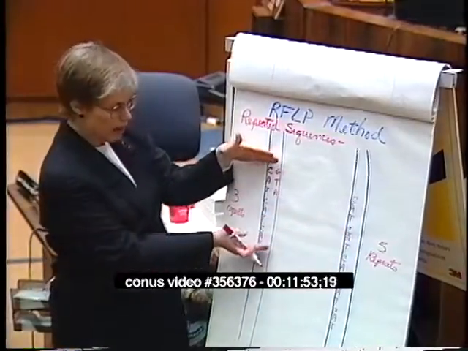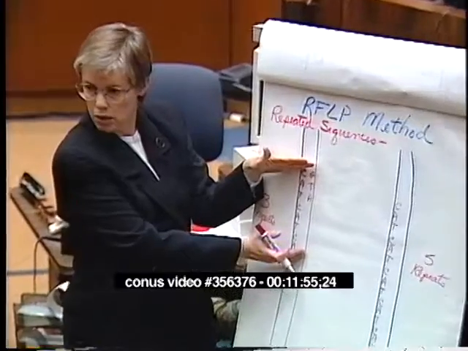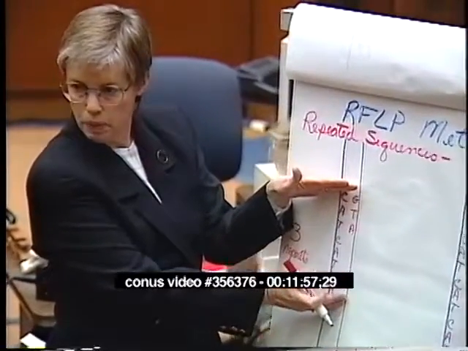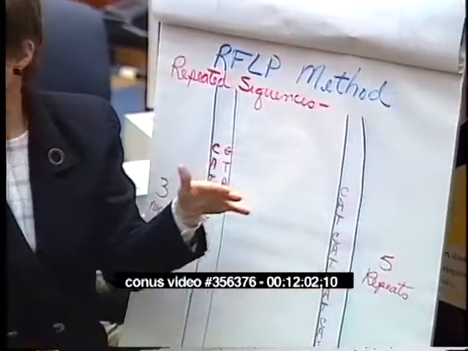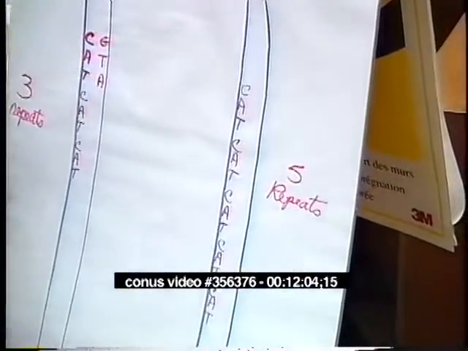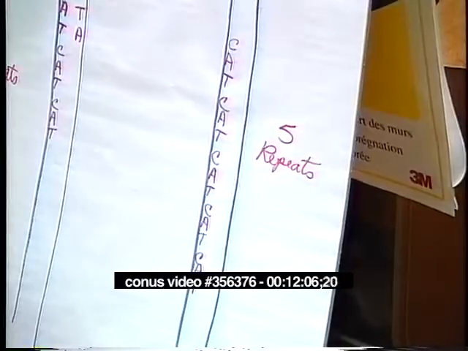So everybody has the CAT sequence on their chromosome, but not everybody has the same number of repeats. That is the difference that RFLP testing looks at.